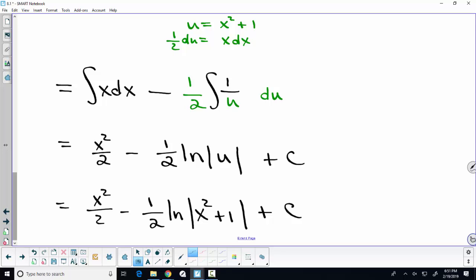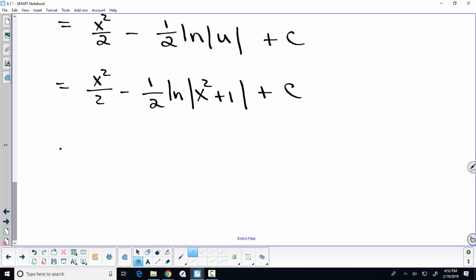Do we need the absolute value there? No. Why not? Because x squared plus 1 is always positive. I don't know that this is a necessary step, but why deal with the absolute value if you have to? Sort of redundant.